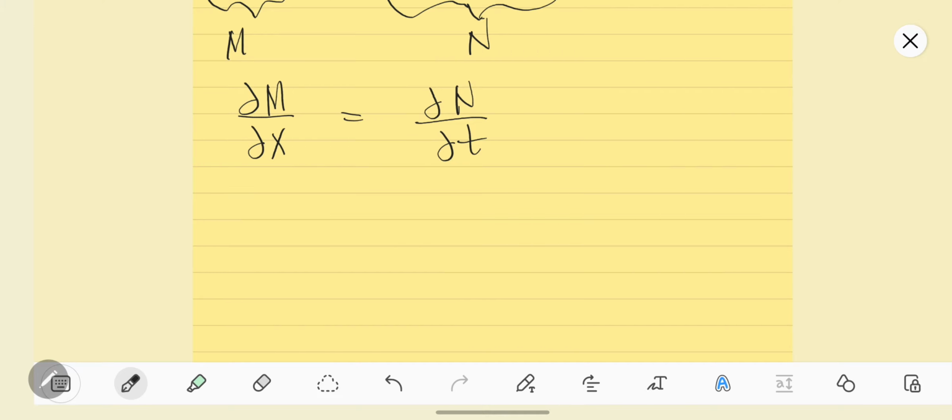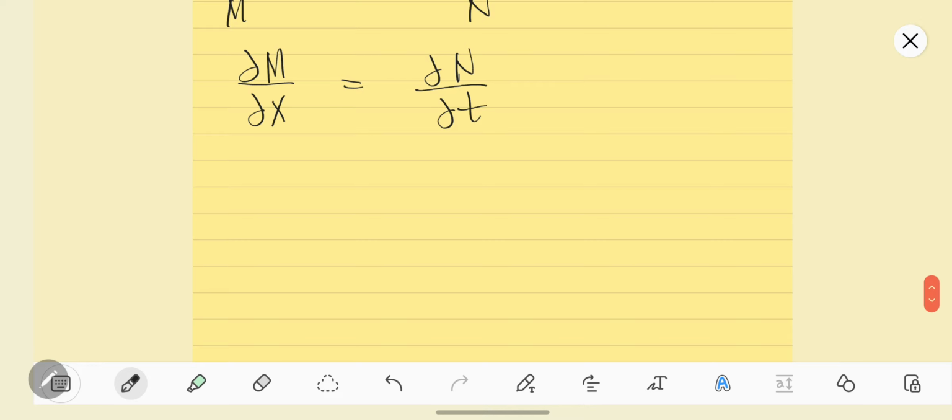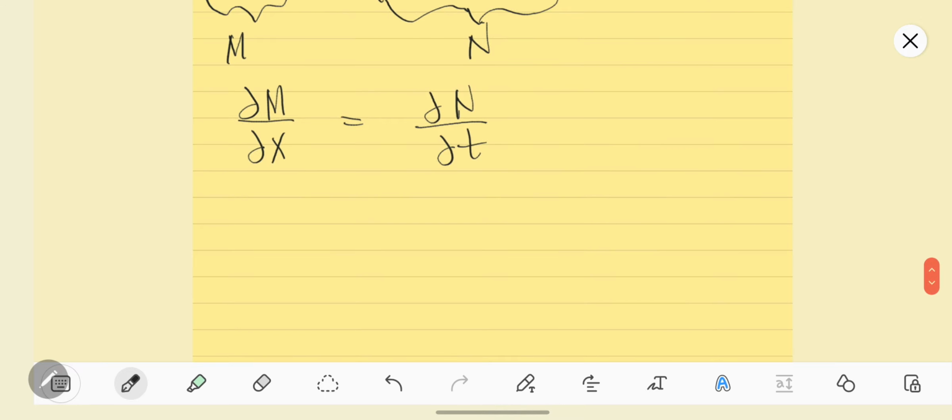Now we know that our m is equal to 3t squared sine squared x, and then our n.